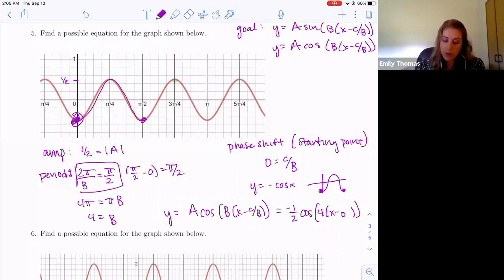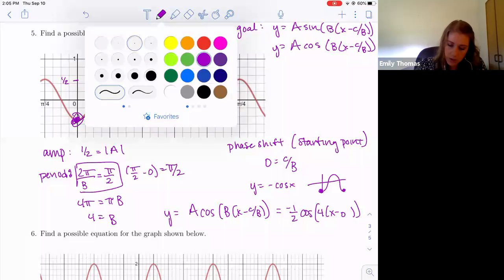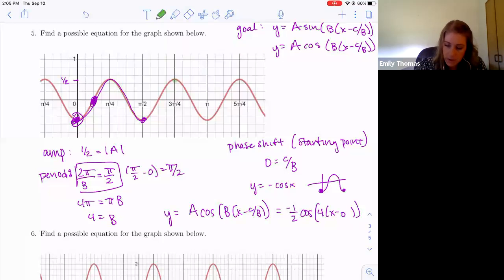If we chose this guy, this would be pi over 8. We could do that. Let me do that in green, might be smaller here. We chose the phase shift. If I chose it to be this guy right here, that would be pi over 4 divided by 2, which is pi over 8. And that's C over B. So one period would look like this, which is what standard sine x looks like.